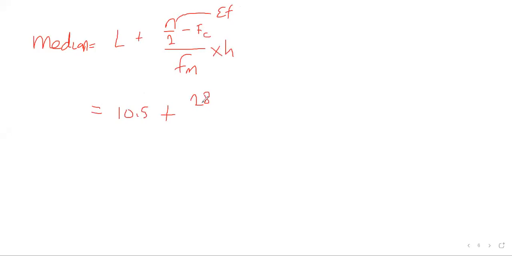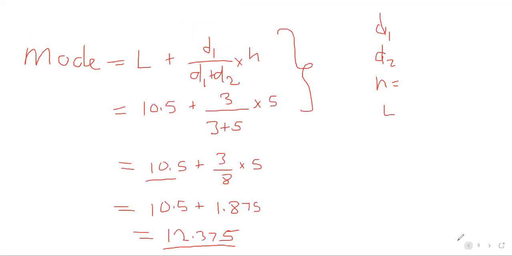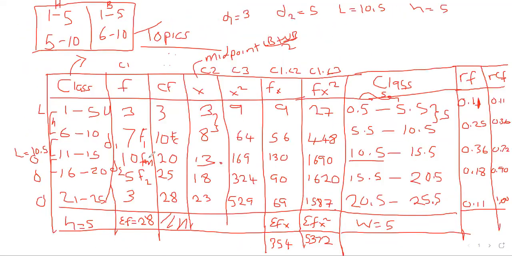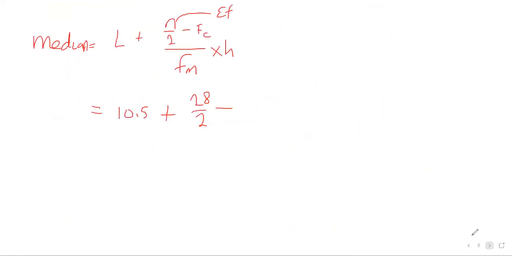So 28 divided by 2 minus our FC, the one which was in the same line with the frequency 1, which is 10. So we're going to put 10 minus 10 here over the FM, which was 10, times 5.